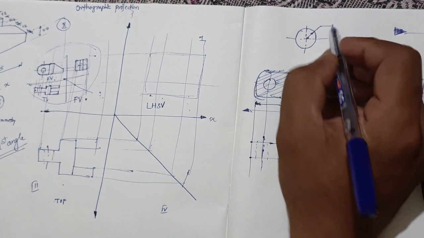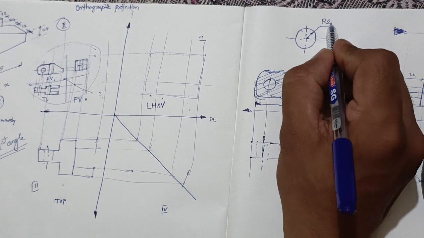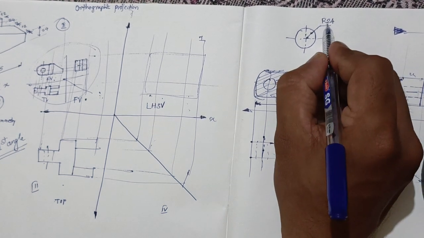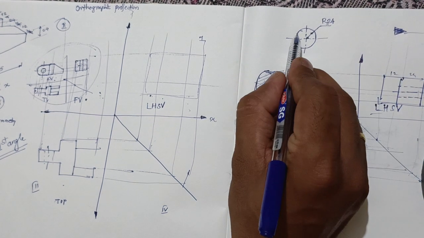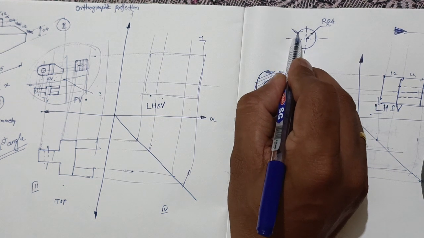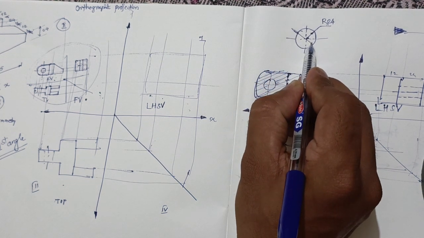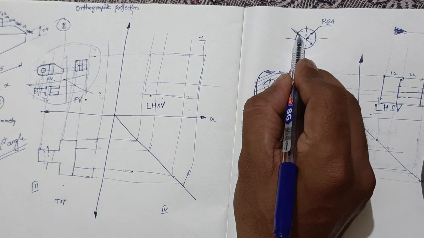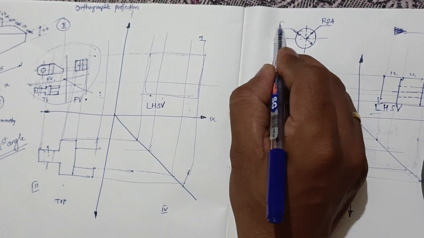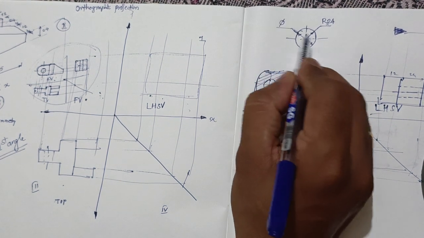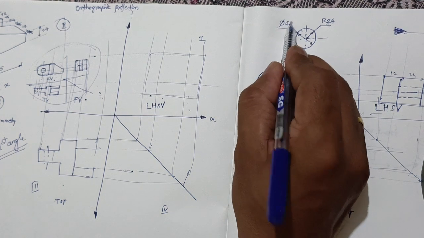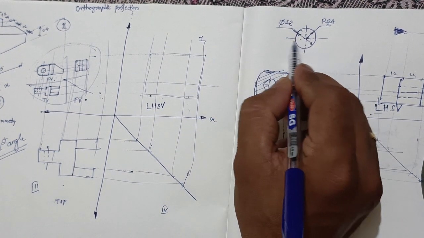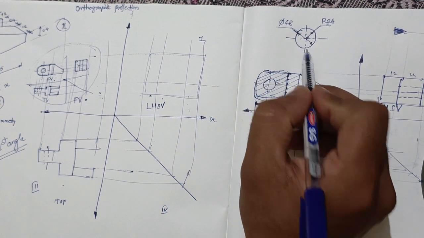You mention arrowheads over here and say R24 like this. Okay, keep some space in between. If you want to show the diameter, draw arrowheads over here and use the symbol ø. That would be ø48 like this. So this is how we can show the dimensions to the circles.